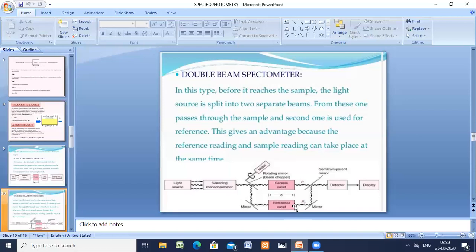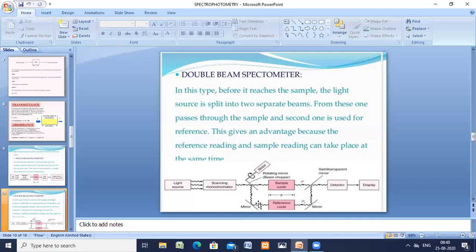I'm repeating: in this instrument, the double beam monochromator light is split off or chopped into two components, usually of equal radiant power. One beam passes through the sample, and the other through the blank or the reference solution.